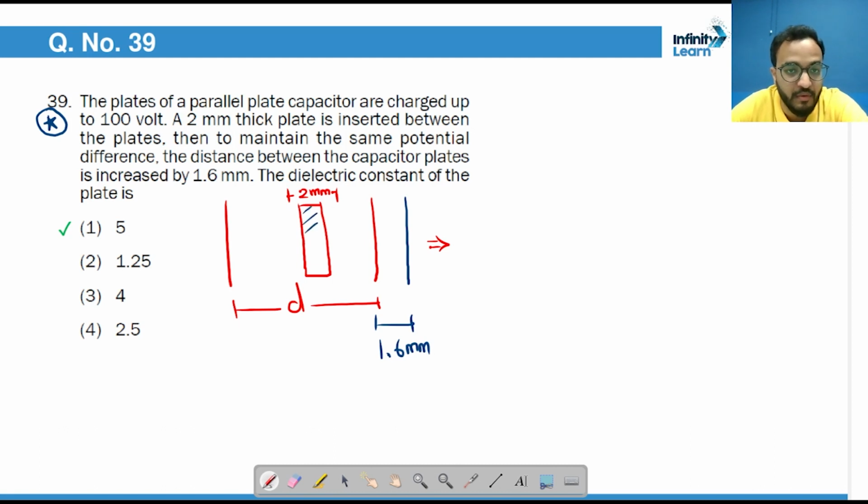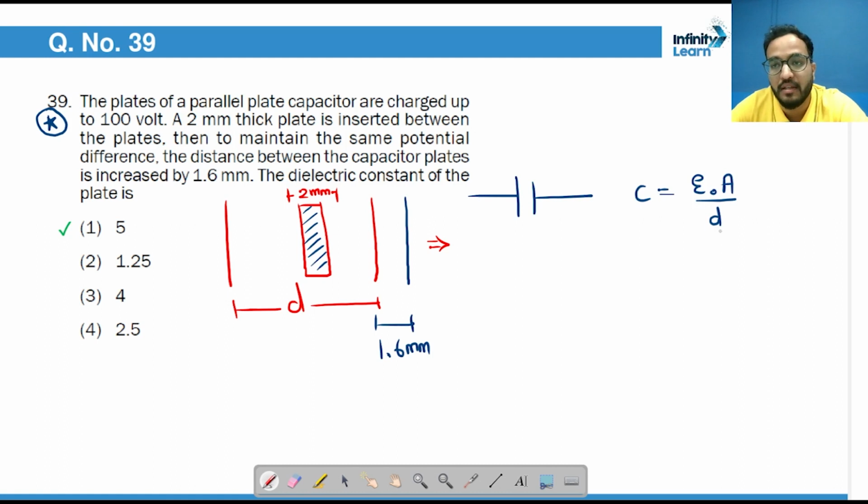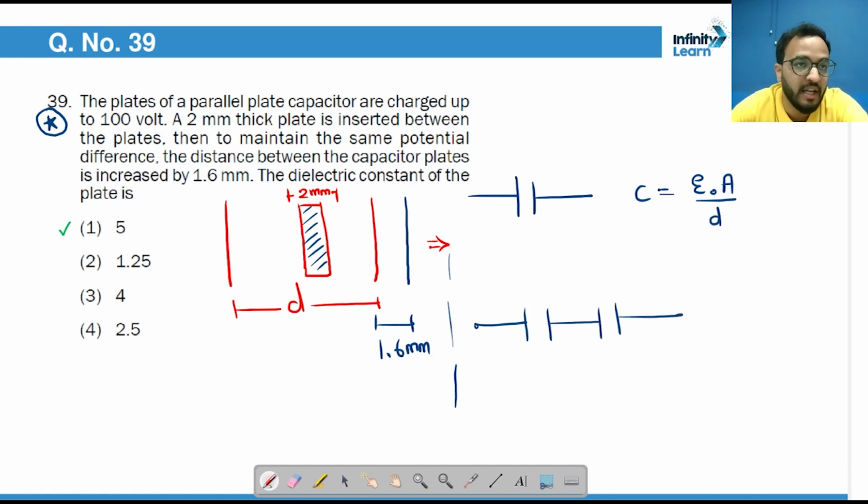So what we will do, we will say initially there was a single capacitor whose capacitance was epsilon naught A by D. Now to achieve the same, there are two capacitors actually, one with the dielectric, another without the dielectric. Okay, so let's say this is C1, this is C2.